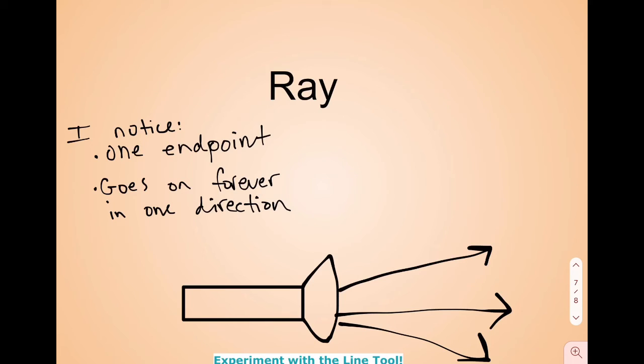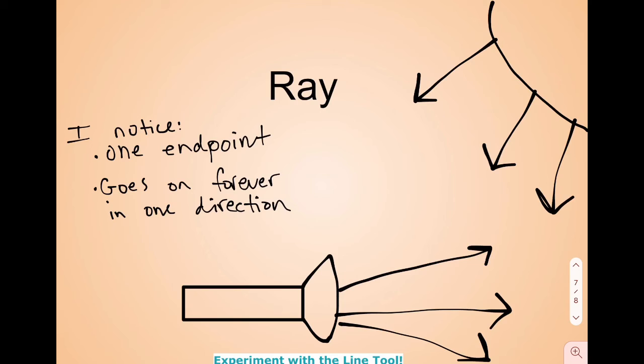Another way to imagine it would be like the rays of a sun. If you're making a poster or something about this, you might do that. And so the symbol of a ray is that. It's one endpoint, a line, and an arrow.